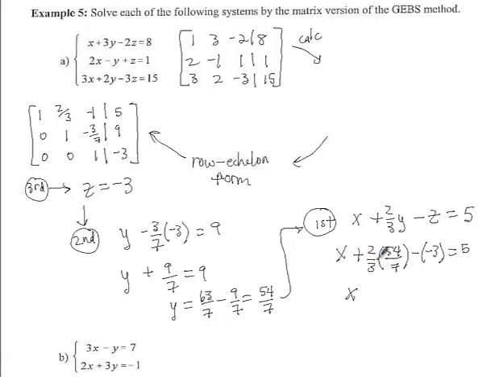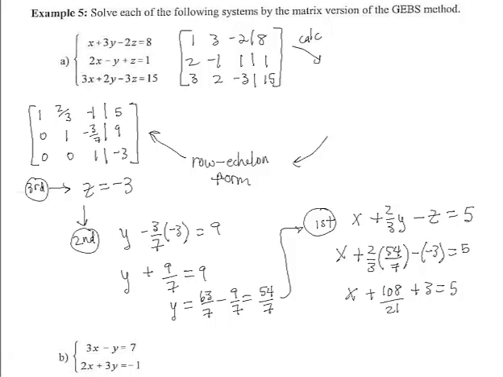Alright, let's see. 2 times 54 would be 108. 3 times 7 is 21. Plus 3 equals 5.